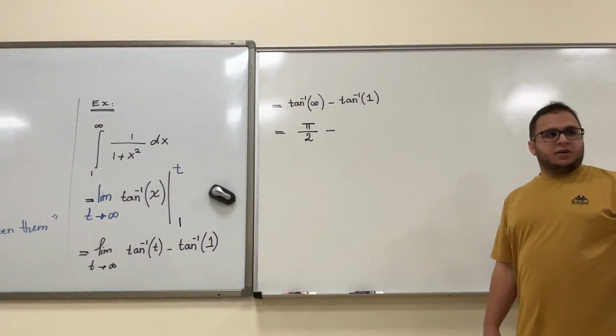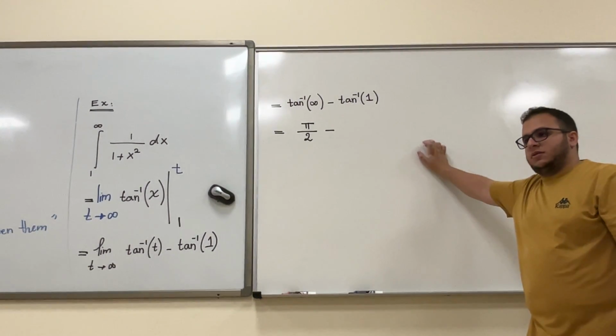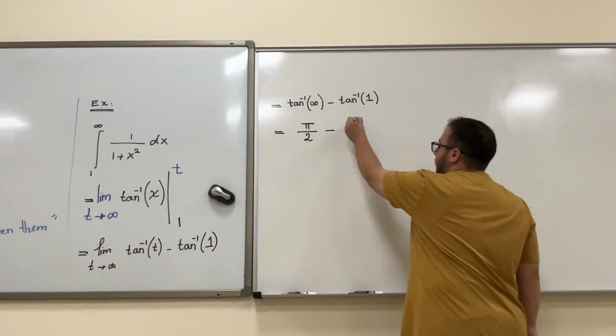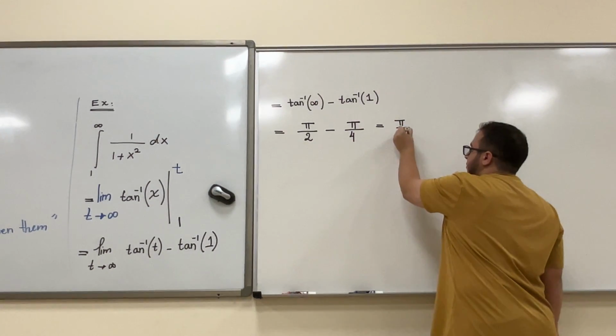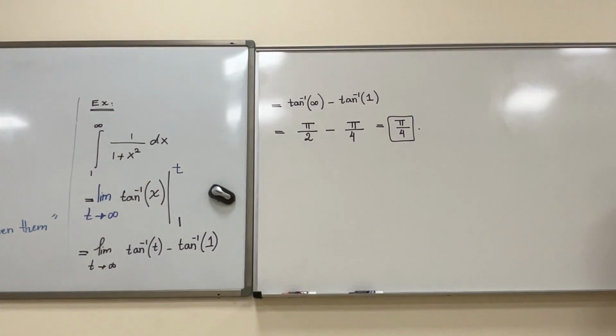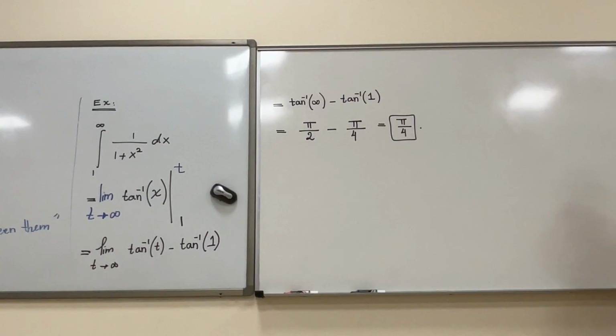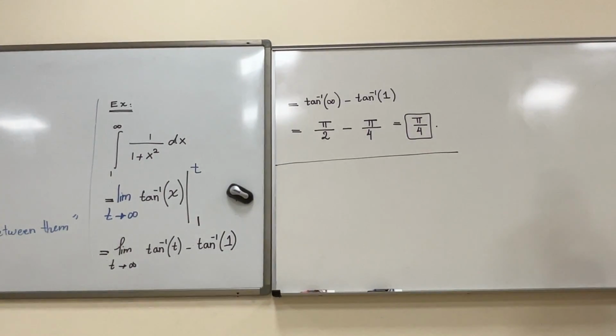And again, of course, in radians you put it. And tan inverse of 1 is pi over 4 from the calculator, right? So this is pi over 4. Clear? So that's it. So this is just to introduce the idea properly.